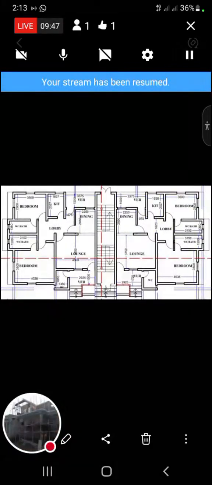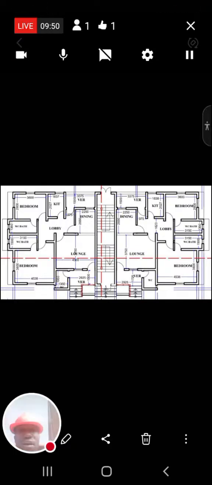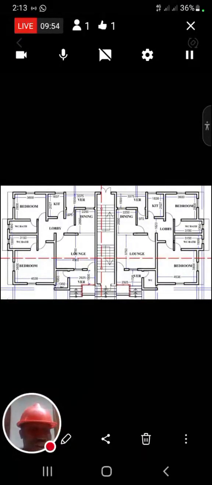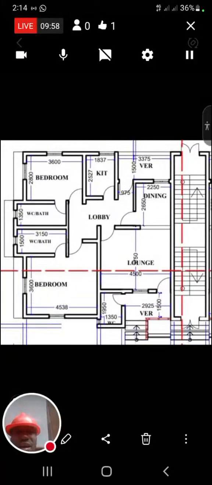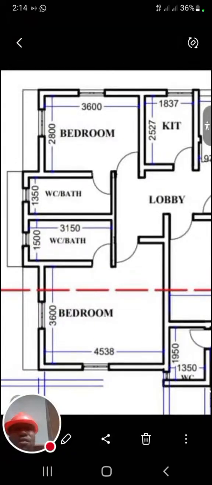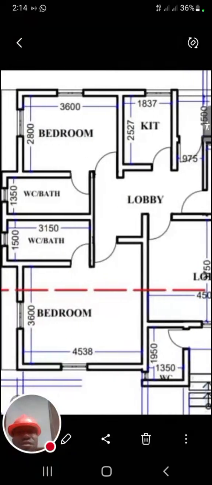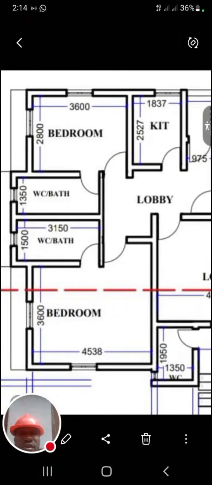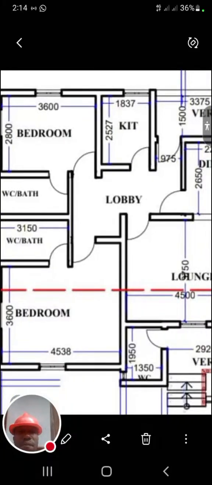So I said number three, you have to understand the utilities in the plan. What does the plan contain? As you can see, this is a bedroom. It has this bedroom, another bedroom here.